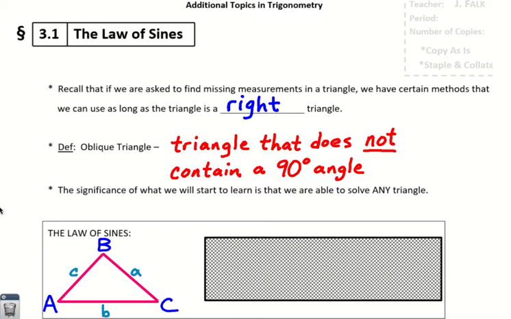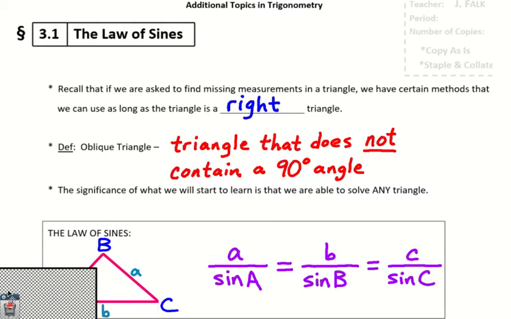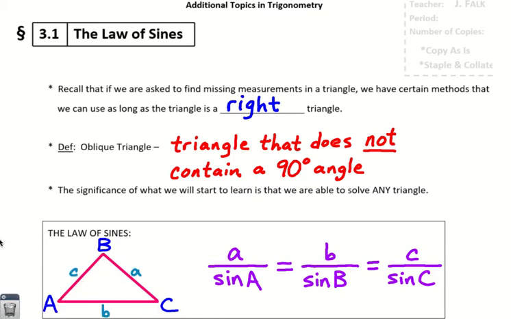And this section boils down to a formula. The law of sines is essentially a formula. And if the triangle you're dealing with can be labeled like so, where the angles are represented by the capital letters, angle A, angle B, angle C, and the sides are represented by lowercase letters, and side A is across from angle A on purpose.